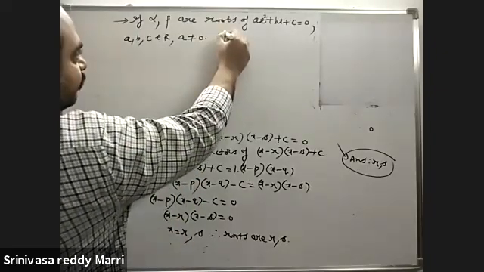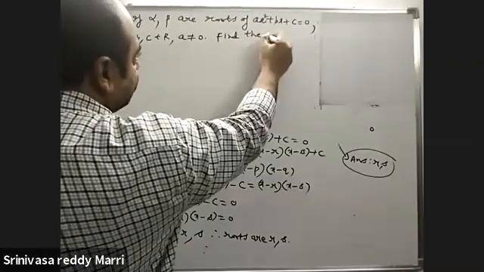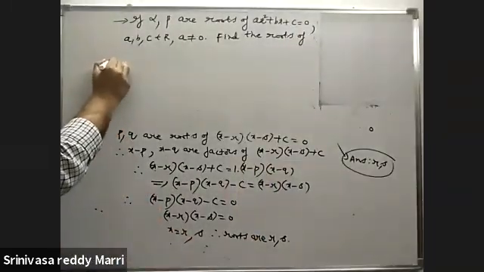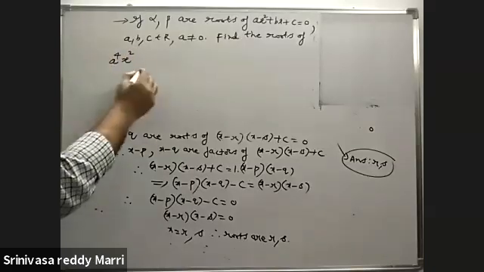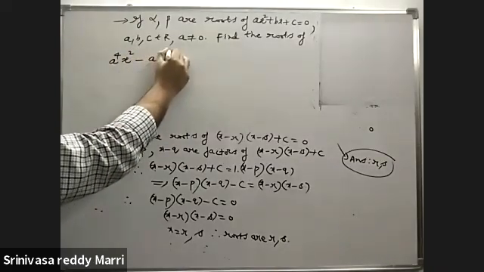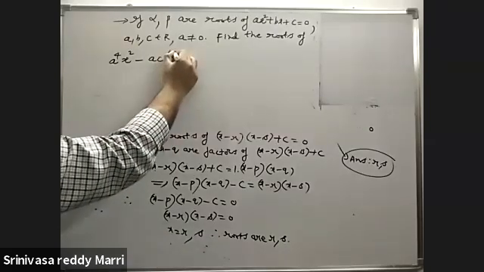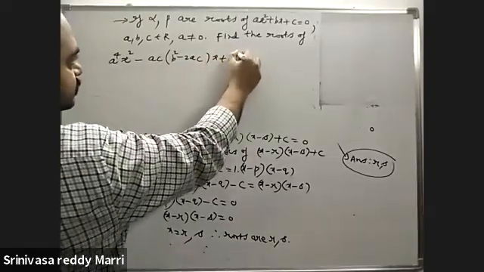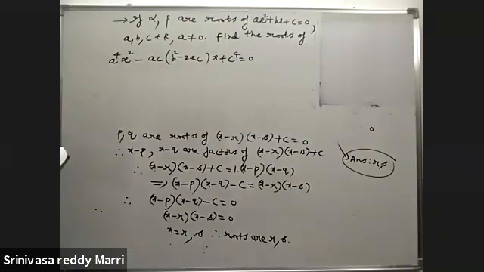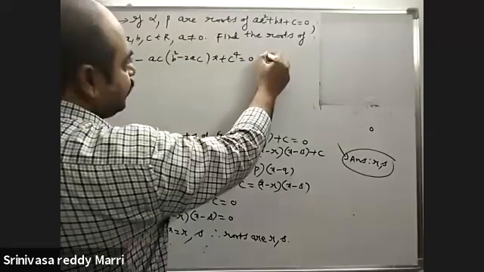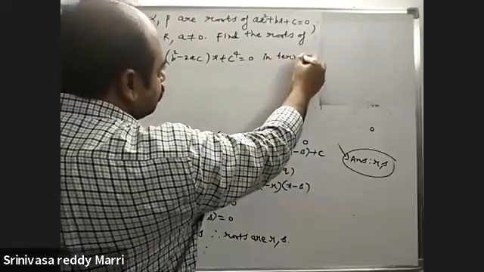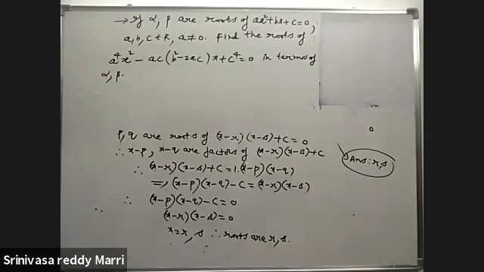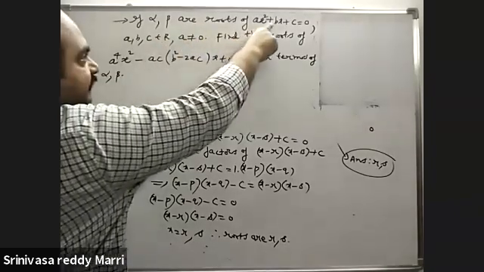Find the roots of a power 4 x square minus ac into (b square minus 2ac) into x plus c power 4 equal to 0, in terms of alpha, beta. Alpha, beta are roots of the equation given.